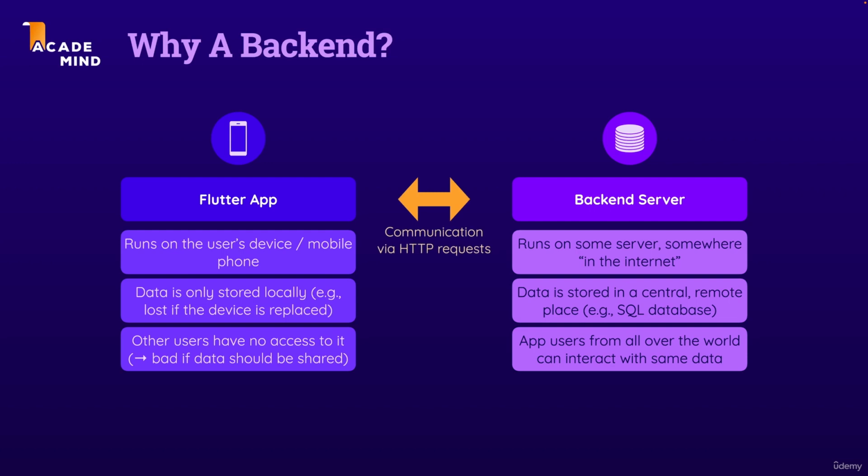Of course, your Flutter app must be able to communicate with those backend servers to use their services and data, and that communication typically happens via HTTP requests. And that is exactly what we're going to take a closer look at in this course section. We're not going to build a custom backend because this course is not about backend development or using other programming languages.